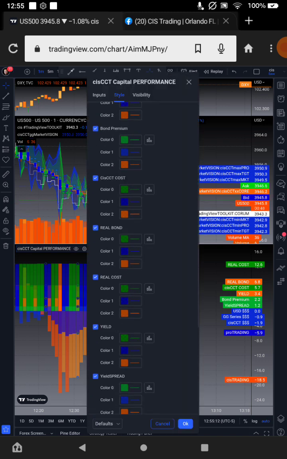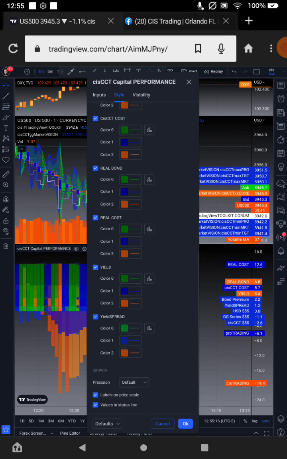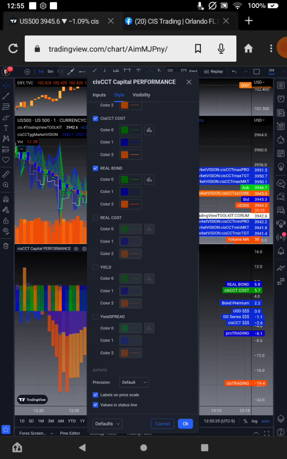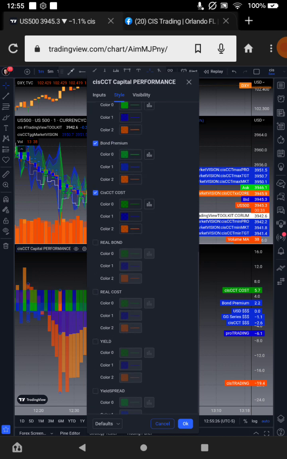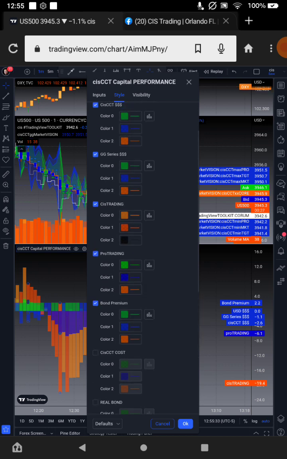So I'm going to take the yield curve metrics off, which includes the yield spread, the yield, the real cost, the real bond, and I'm going to take off the base cost of the current bond, and I'm going to take off the bond premium.